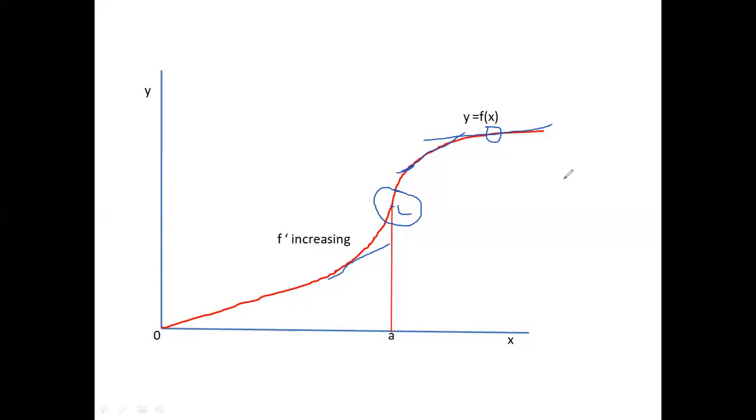So the responsiveness of inputs on outputs is not homogeneous for each point of the production function. In this case, we should know the curvature of a graph.